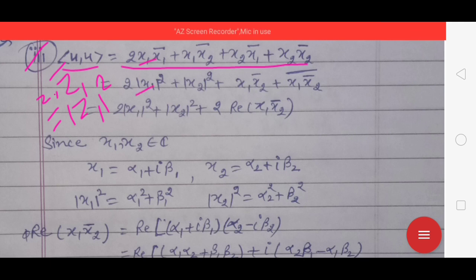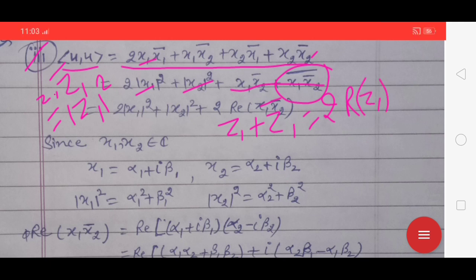Using this, and using z1 plus z1 bar is equal to 2 times the real part of z1, we get 2 times the real part of x1 x2 bar.